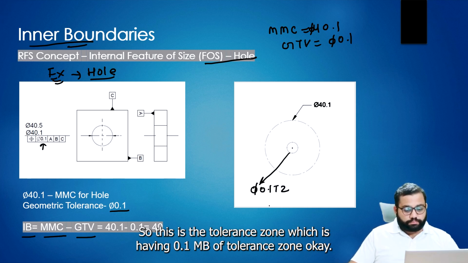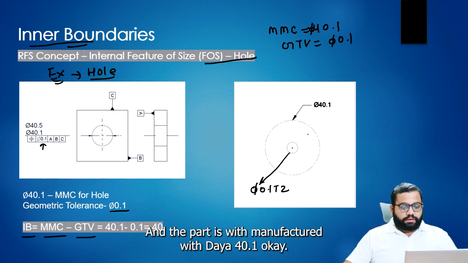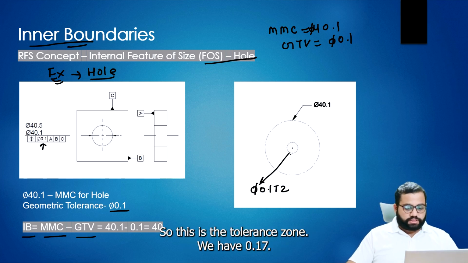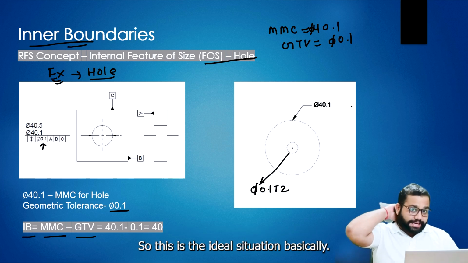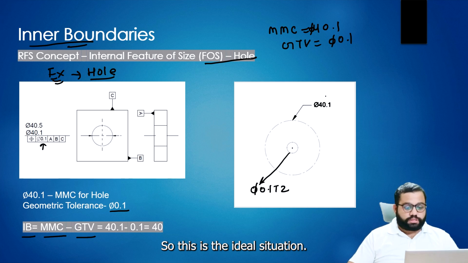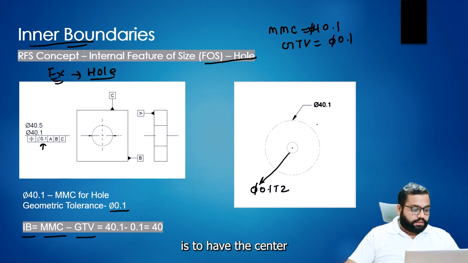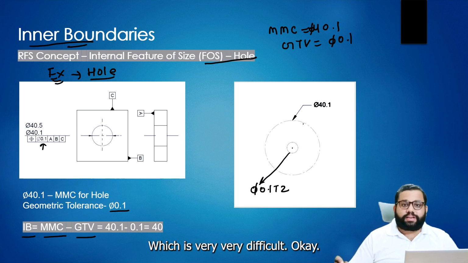The part is produced at the maximum material condition, which is 40.1. So this is basically the ideal situation, to have the center exactly at the true position, which is very, very difficult.